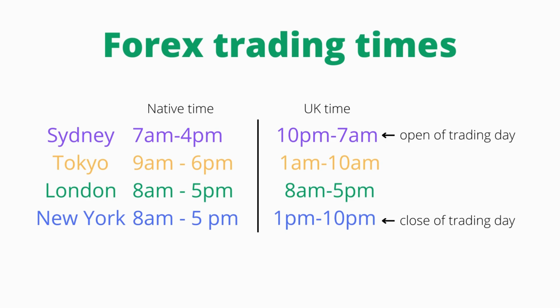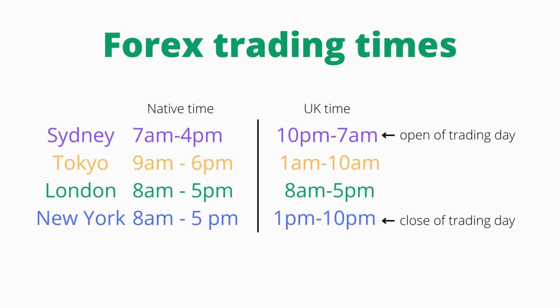The trading day starts on a Sunday at 10 p.m. and it opens with the Sydney session. Let's just stick to the UK time frame for now. So on Sunday, markets open at 10 p.m. UK time with the Sydney session.